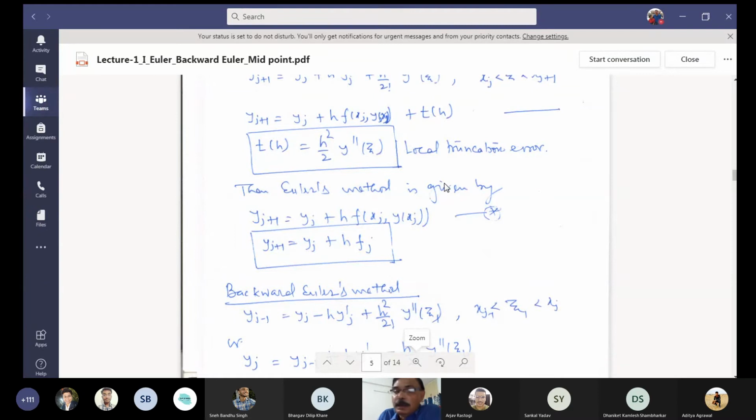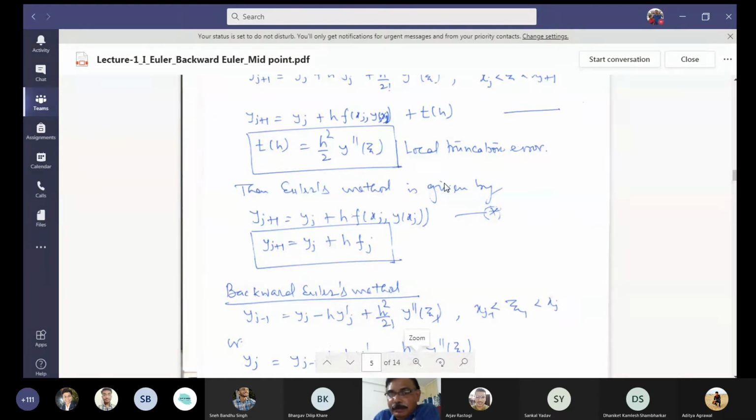If y double prime is bounded, then this T(h) is called capital order h square for the Euler method.